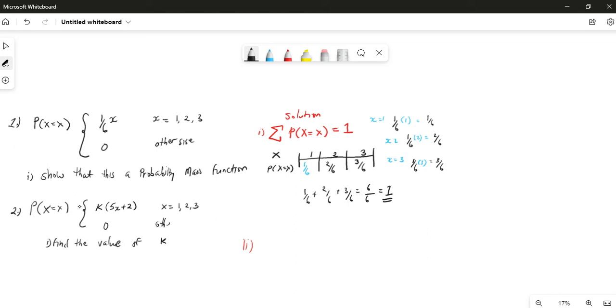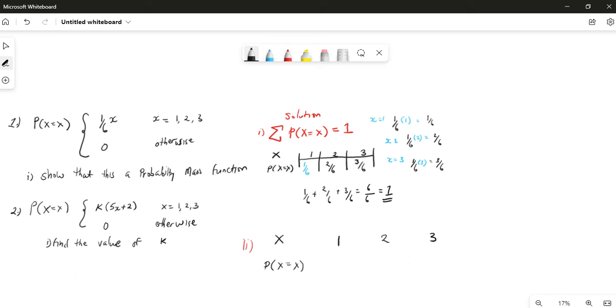I'm going to put here otherwise, meaning any values which are not in this range 1 to 3, the probability is 0. I have here x for a random variable, then the probability associated with it. So we've got 1, 2, and 3.